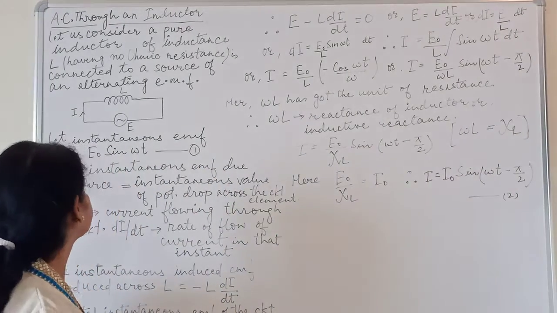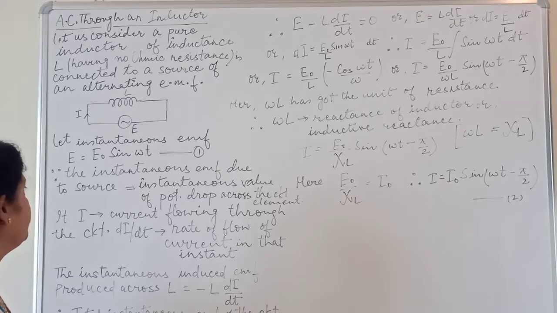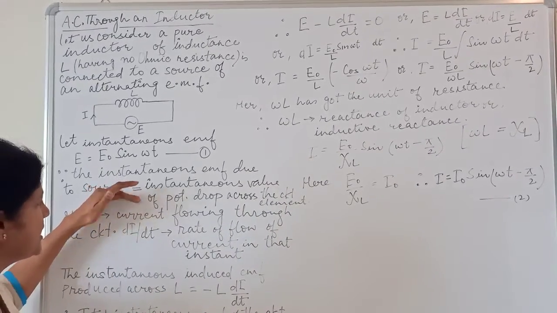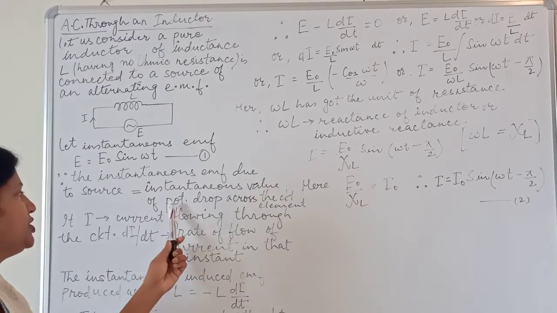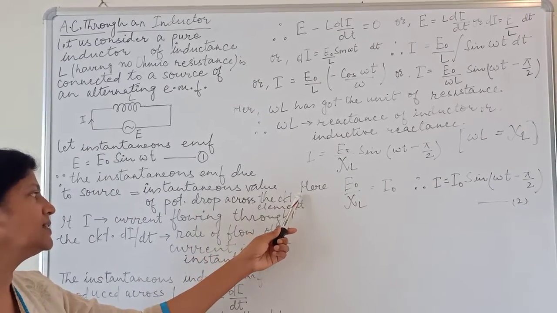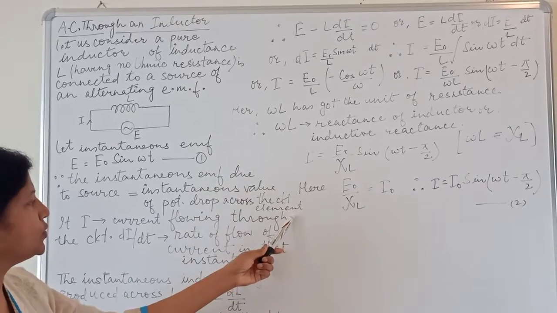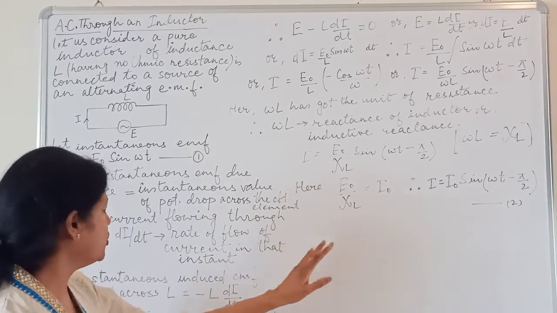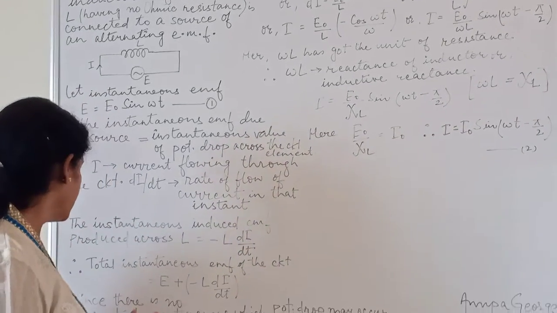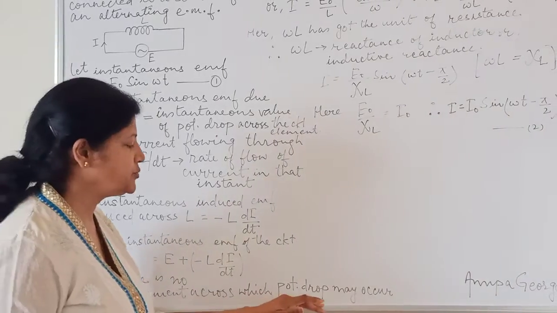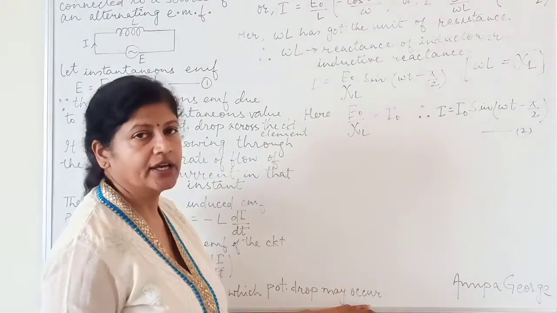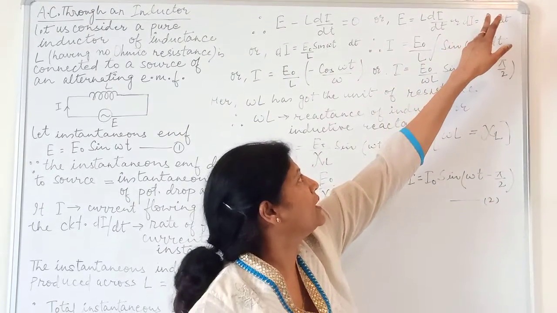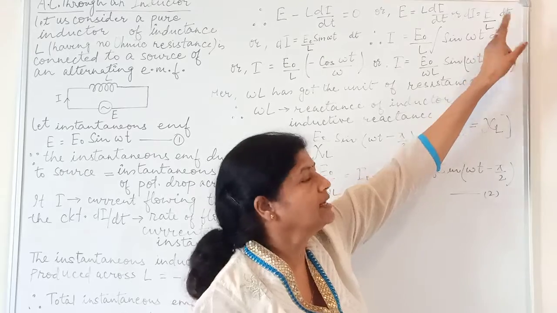The instantaneous EMF due to the source is equal to the instantaneous value of potential drop across the circuit element. And again, there is no circuit element across which potential drop may occur, that's why we have di is equal to E upon L dt.